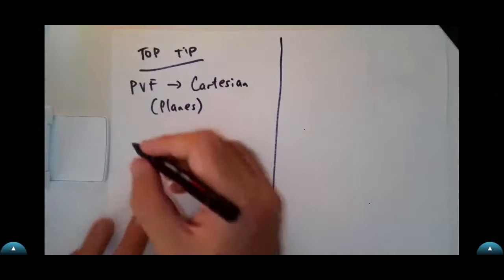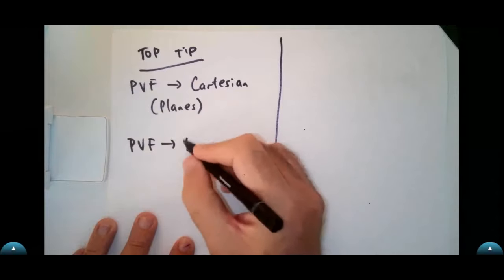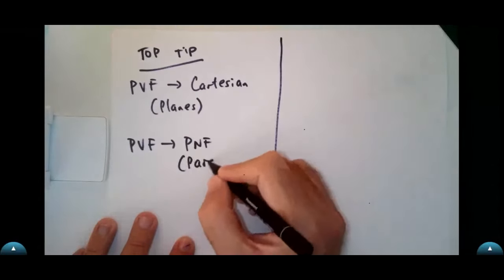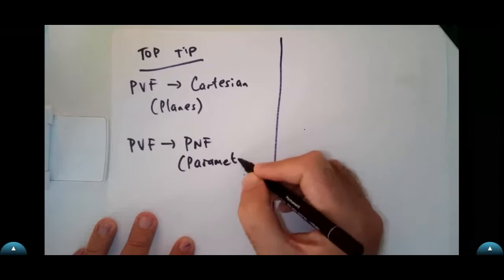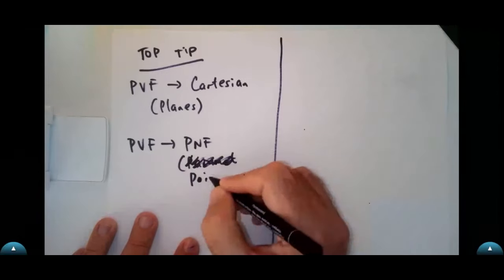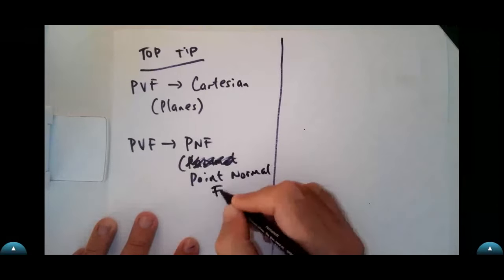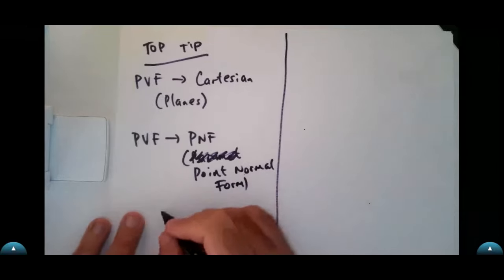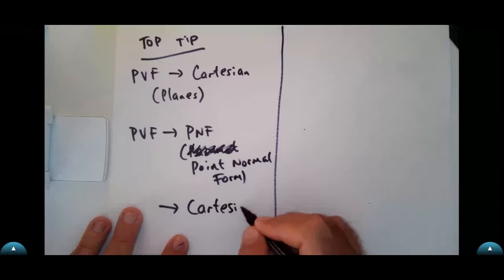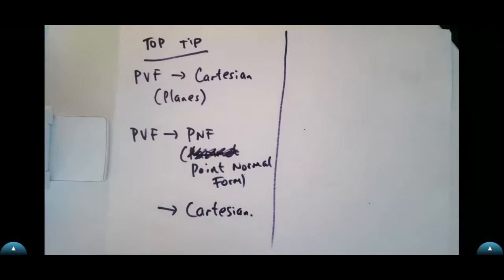For me, the easiest way to do it is go parametric vector form to point normal form, and then go to Cartesian. PNF stands for point normal form.